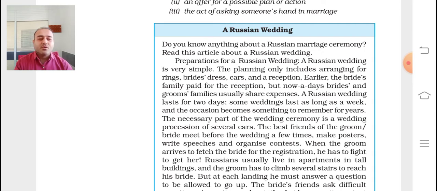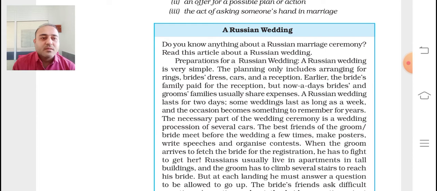Okay, so it is said that first of all, earlier the bride's parents, that means bride means dulhan and groom means dulha. Okay, so bride's parents used to pay the expenses, but now it is shared equally between both the families. A Russian wedding lasts for 2 days, and some weddings last as long as a week, and the occasion becomes something to remember for years.